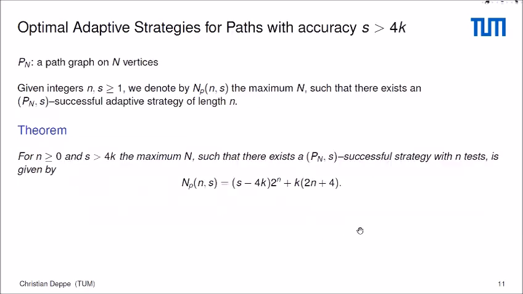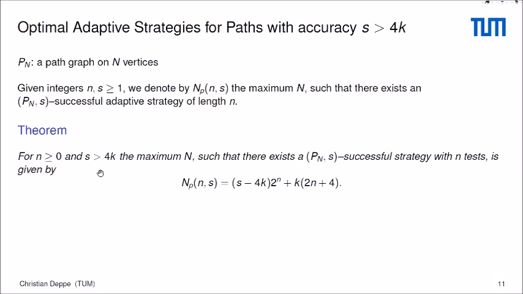What is the result for paths? For paths, we denote again by N_P(n,s) the maximum n such that there exists a successful adaptive strategy. And you see here already that the result looks very similar.